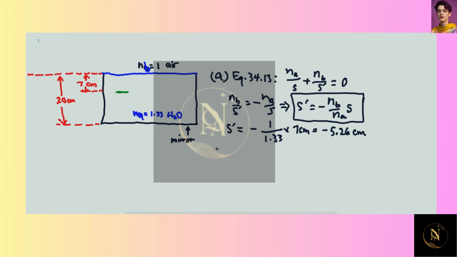So we'll utilize it again in part B, because in part B, we're asked now, what is the apparent depth of the image of the fish when viewed at normal incidence? So the image of the fish is the image that's formed when it's reflected from this mirror. So now it'll have some other apparent depth.